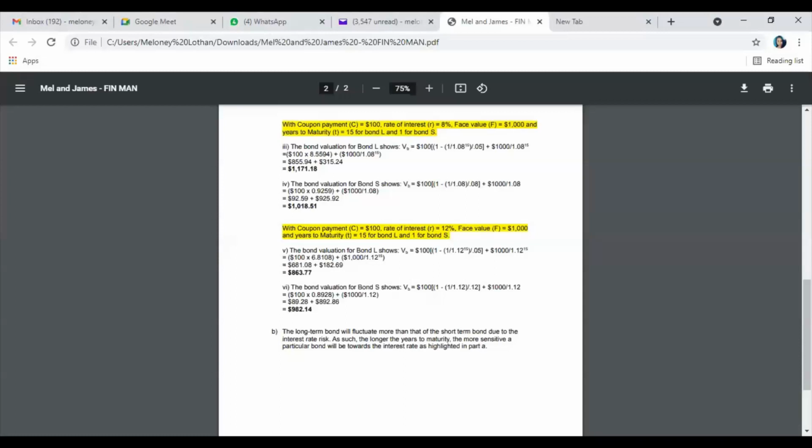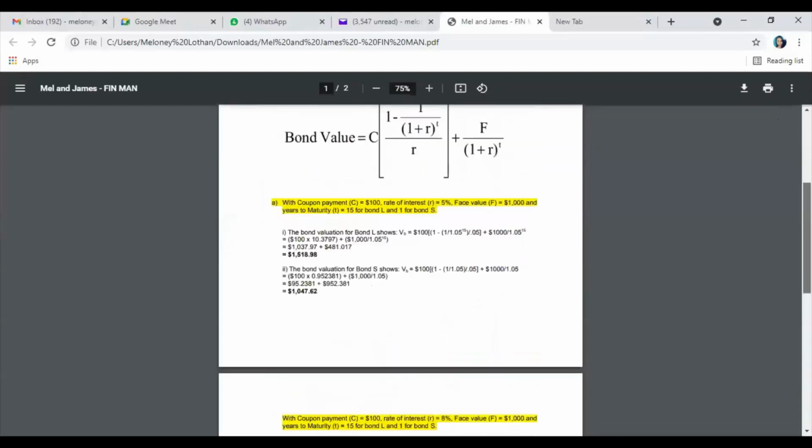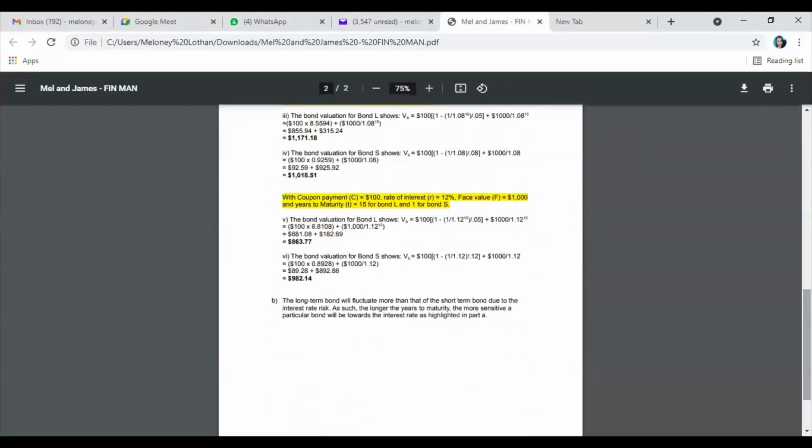We'll now start doing part B, and I'll just start with my part. Part B was asking about the explanation as to why you would have fluctuations with different periods, different years to maturity, between both the L and S series bond. And that is simple.